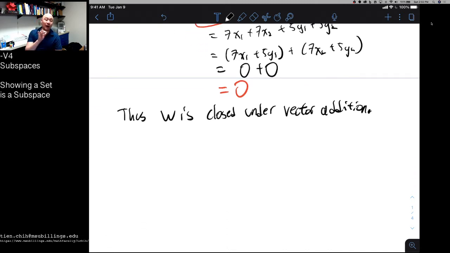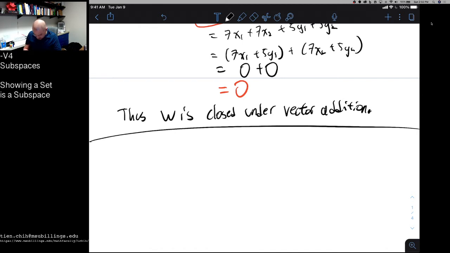Now we want to show that it's also closed under scalar multiplication.